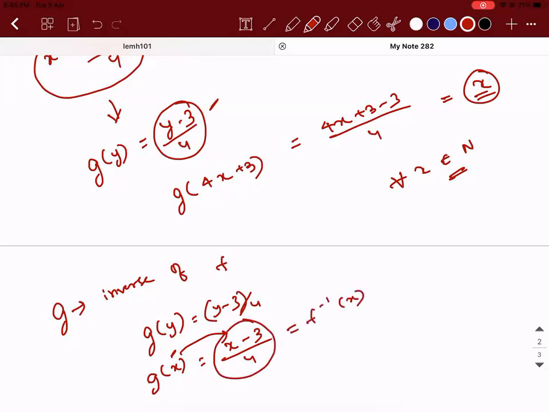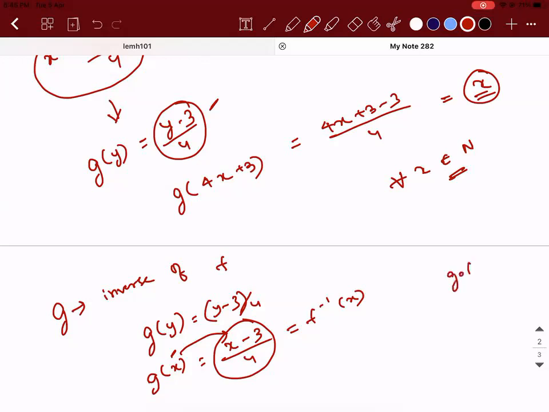So in this context, when you find g circle f of x, if it comes out to be x, the identity function, then g is said to be the inverse of f.